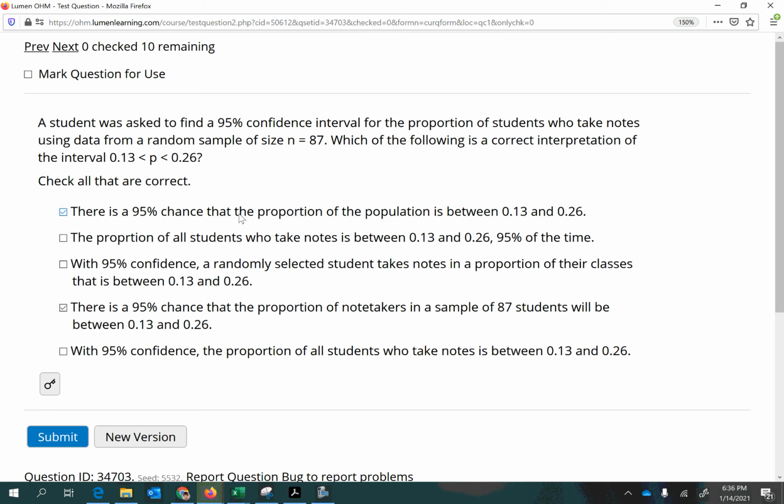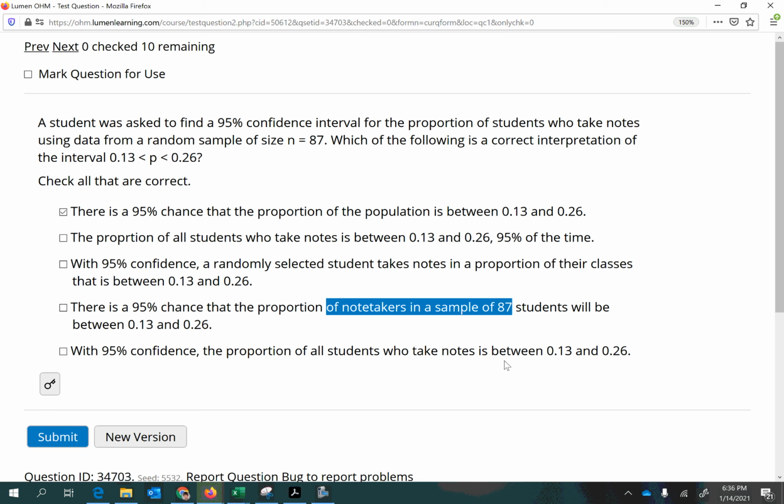Keep reading. Now here's where it changes. The first says the proportion of the population, and this one says the proportion of note takers in a sample of 87.